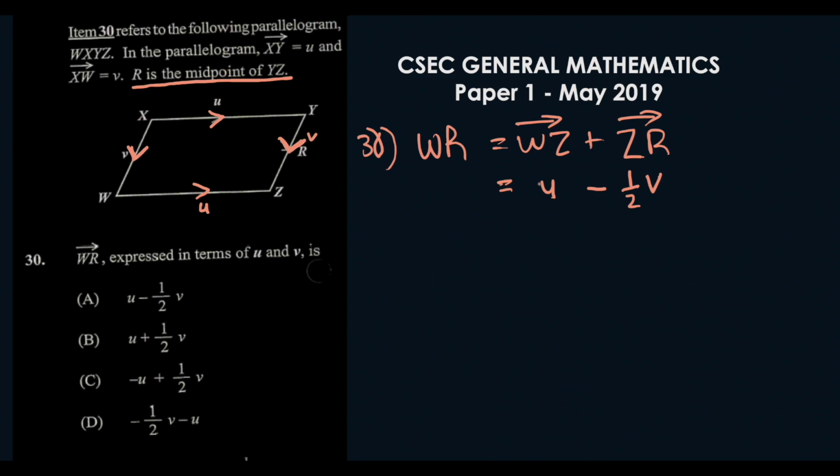Okay? So therefore I have to have this in some form of it. Now, do I have this here anywhere? Yes, I have this answer right here. So W to Z is U, and then Z to R is half negative V. So this value here would give us that.